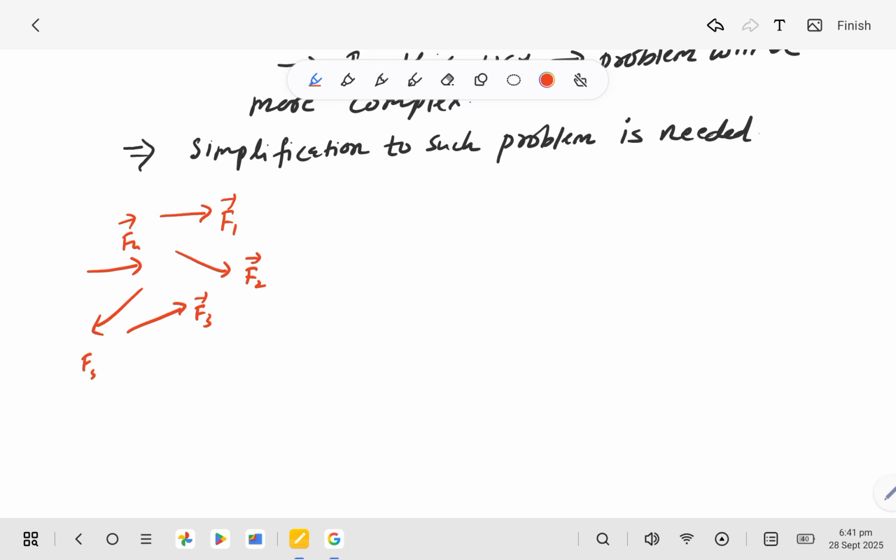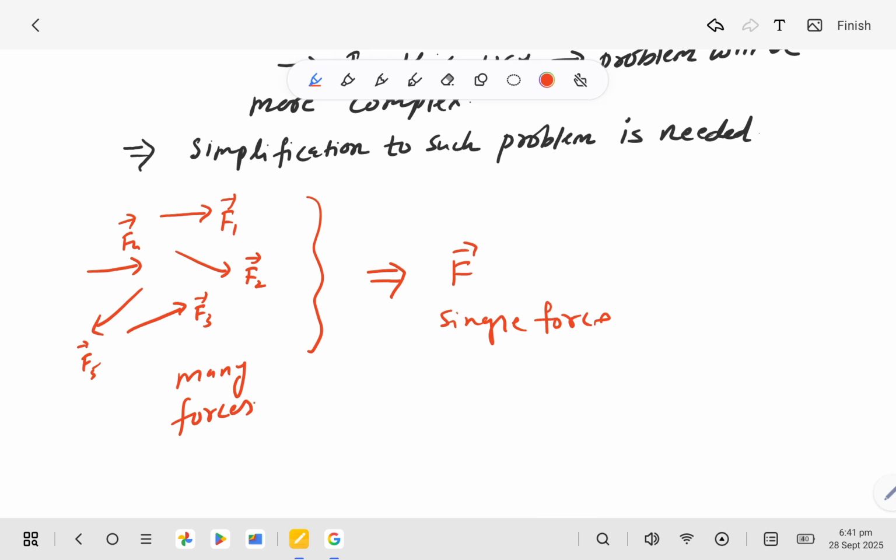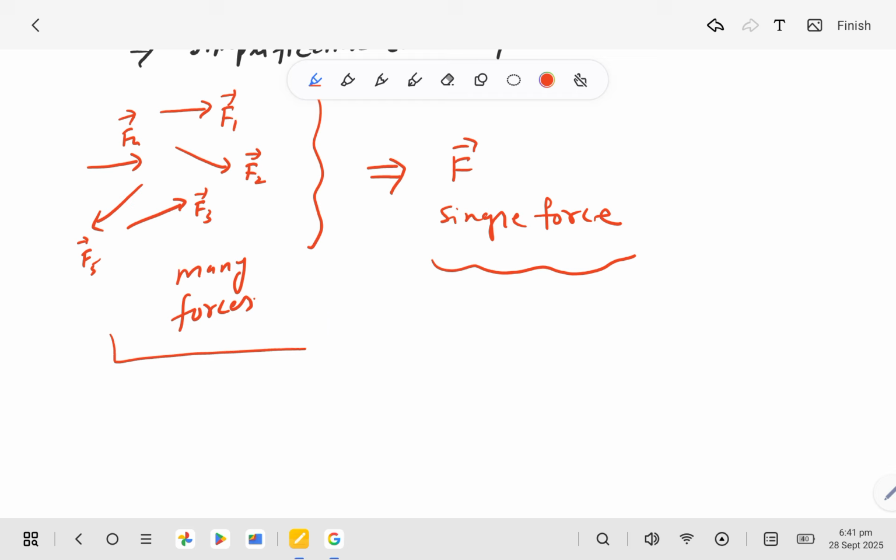Okay, so now these are the many forces. If we can convert all these forces into a single force, okay, so this is the single force, then the problem which was complex here, now here the problem will be simple.